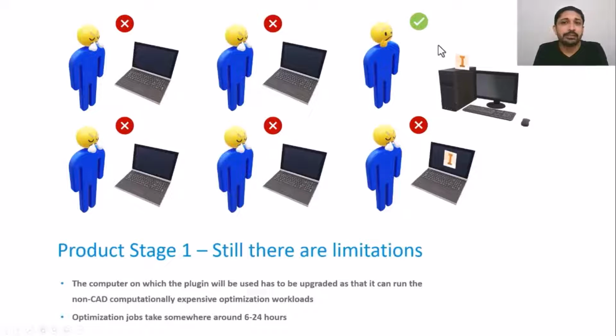Also, since a desktop computer is being used in this case, it cannot be massively extensible, and hence even the optimization jobs will take around 6, sometimes up to 24 hours. So that's not that productive, is it? Even though it saves time, it's better than having nothing, but there are huge limitations to this kind of approach. So we can see that the biggest bottleneck here is the optimization workload, which is running on the desktop PC, and with limited resources on this desktop PC, that is consuming a lot of time. So that's the biggest bottleneck here.